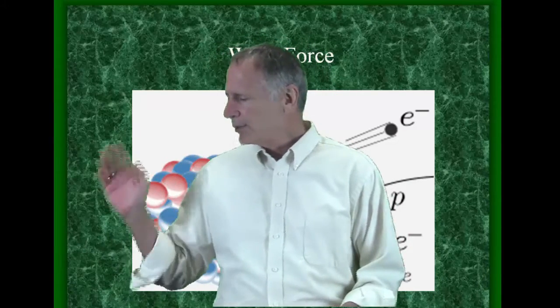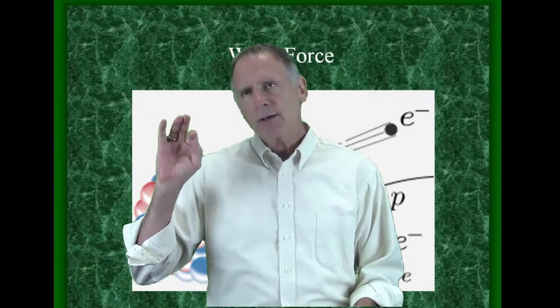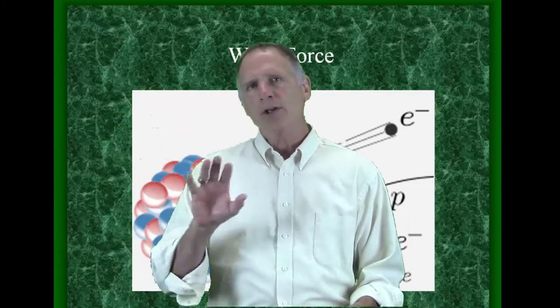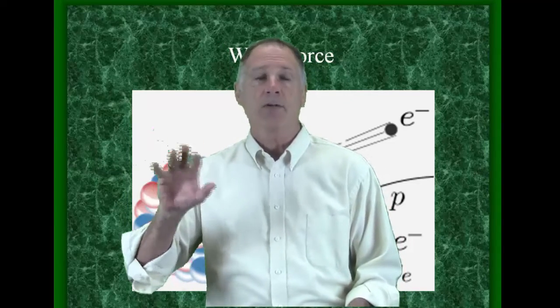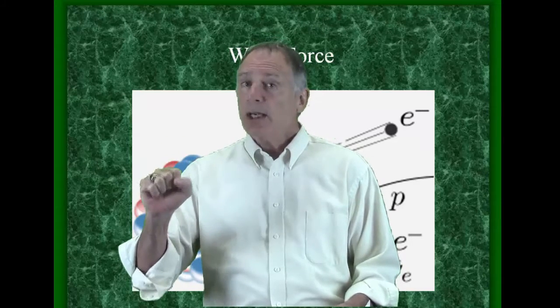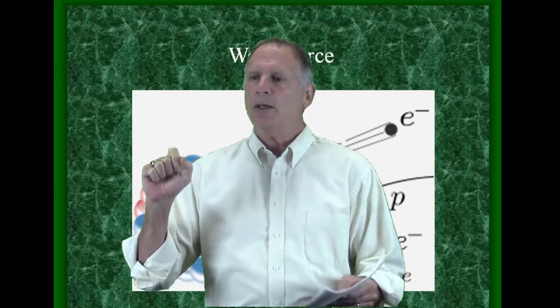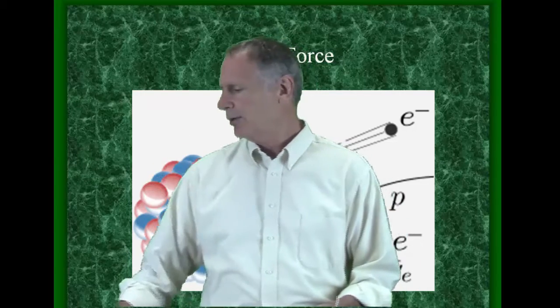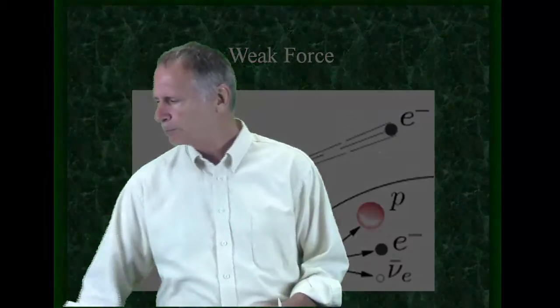So that's the weak force, and again, its field, I should say, operates over a very small area. But it is again a strong force too, I mean, a strong force over a very small area.